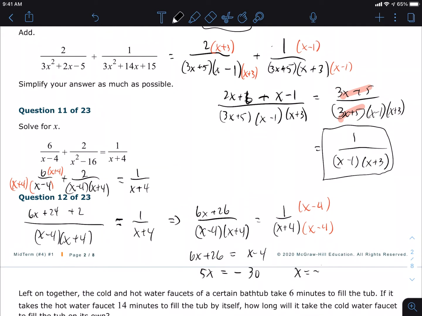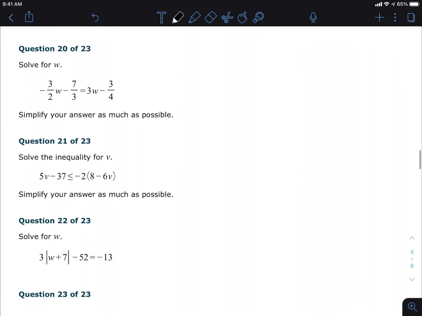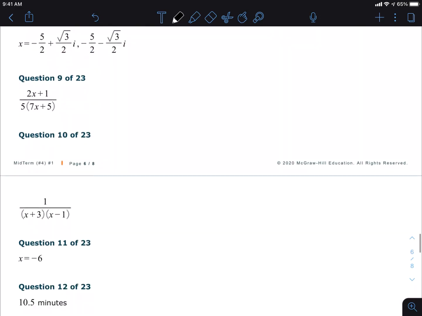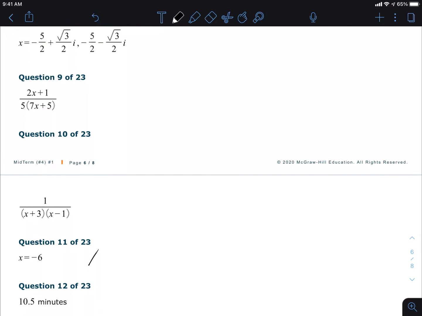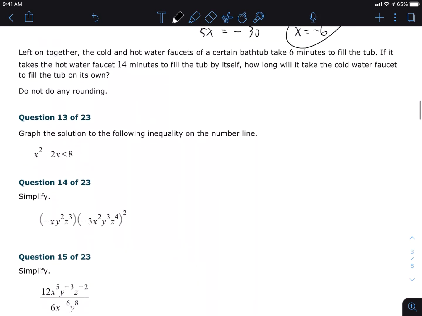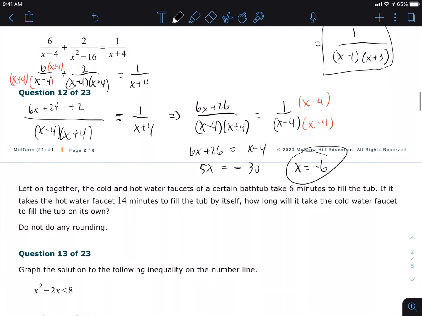So x is equal to negative 6. Cool. And there's my answer. That's for number 11, just so you guys can believe me. I have the answers here. There it is. It's a negative 6. I just did it a different way. I made the denominators look the same.